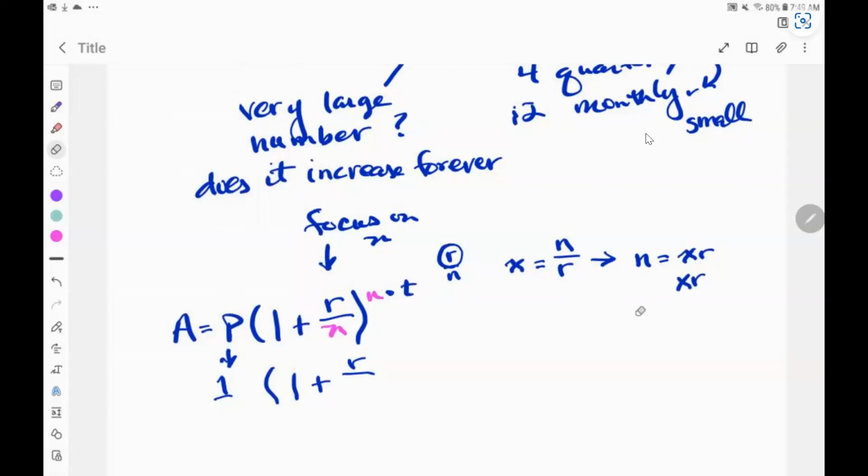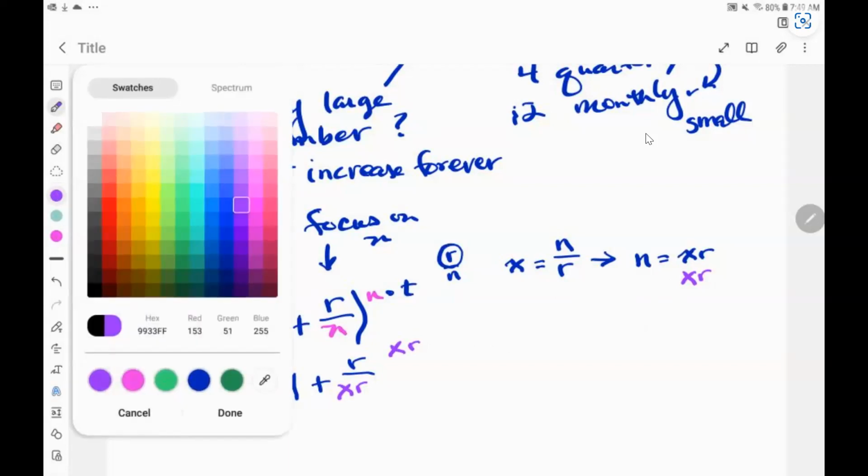All right. And so I'm going to take this xr. And so here's n, so I'm going to put xr there. And I'm going to put xr here. And I'm going to leave the rest of it the same.